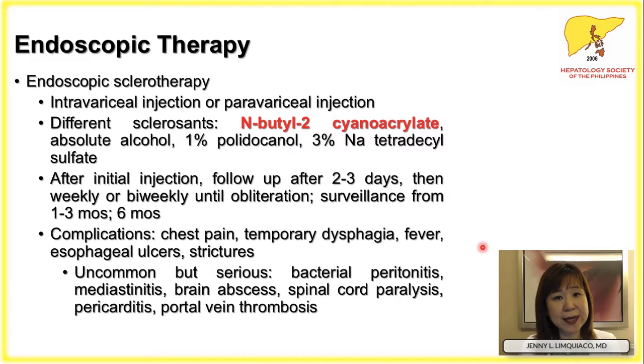But we have to understand that there are a lot of complications also, like chest pain, temporary dysphagia, fever, esophageal ulcers, and stricture. We also need to pay attention to the presence of bacterial peritonitis, brain abscess, spinal cord paralysis, and pericarditis, although these are not actually that common.